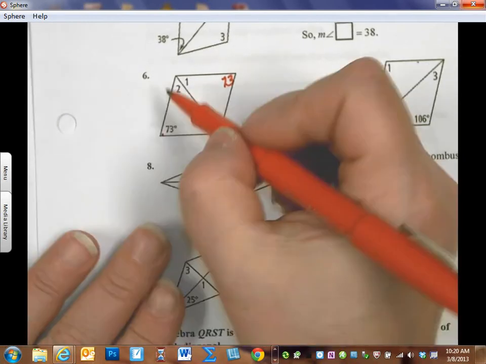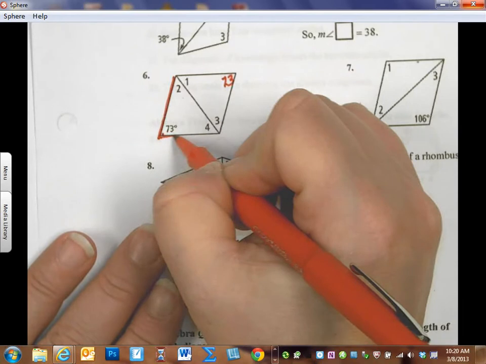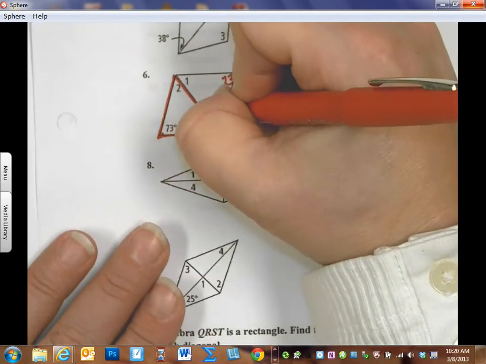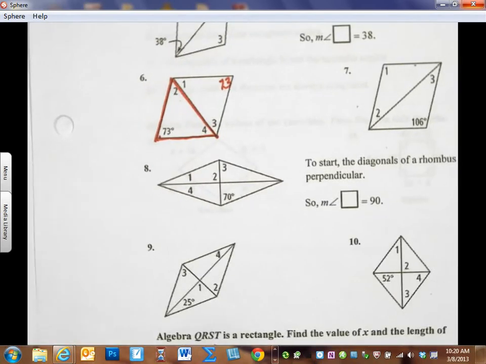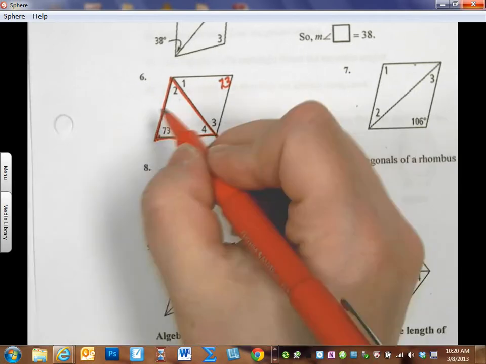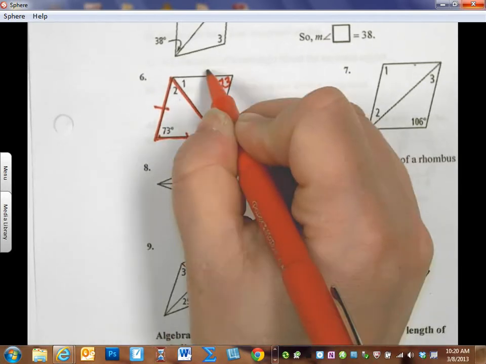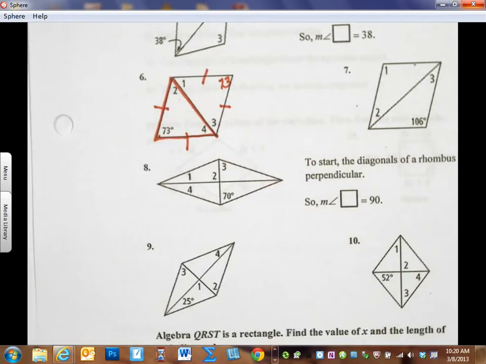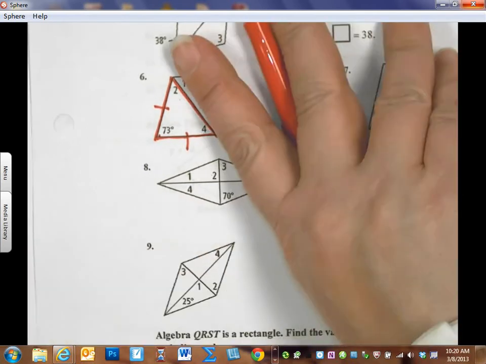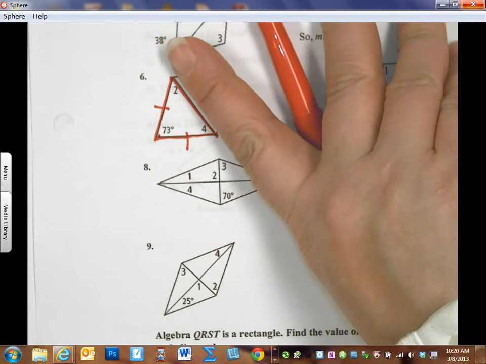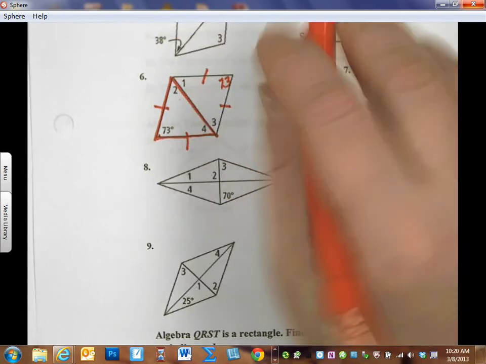Now, what do we know about this shape? They're bisected. Triangle. What else do we know about a rhombus? All sides are congruent. So what shape is that red shape that we just drew? Just the red piece. It's an isosceles triangle. What do we know about isosceles triangles?